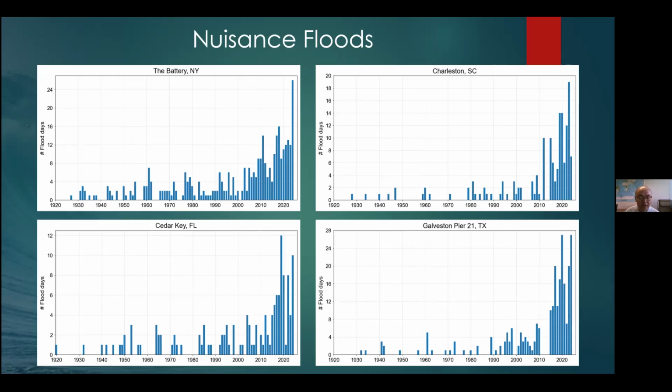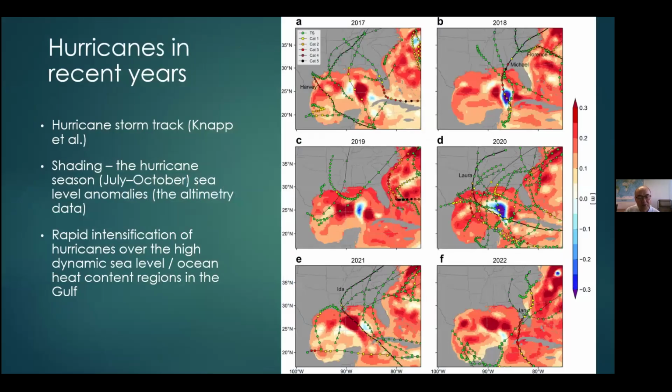So this is the minor floods. Now the storm surge flood, the major floods. We looked at the hurricane-induced storm surge. We case studied six hurricanes during the past several years.